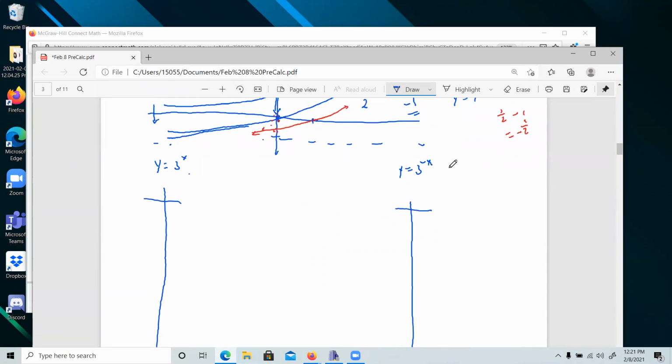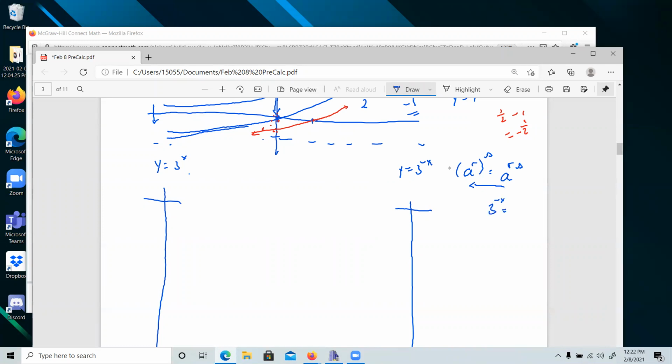Okay, before I go through and do this, do you remember somewhere in the past you had a property that had an exponent to an exponent and you multiplied them together, didn't you? You said this was a to the rs, right? Well, this works in this direction too. So because I have 3 to the -x, that's rs.